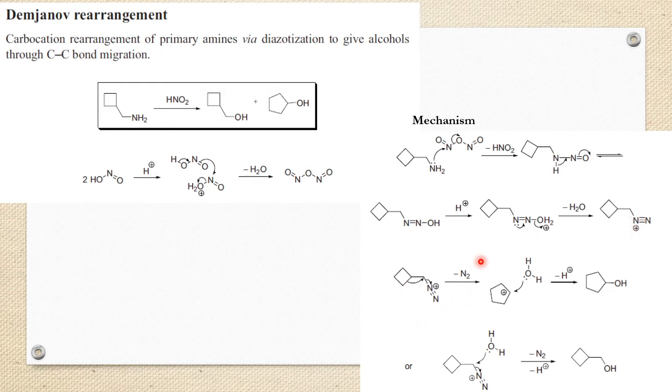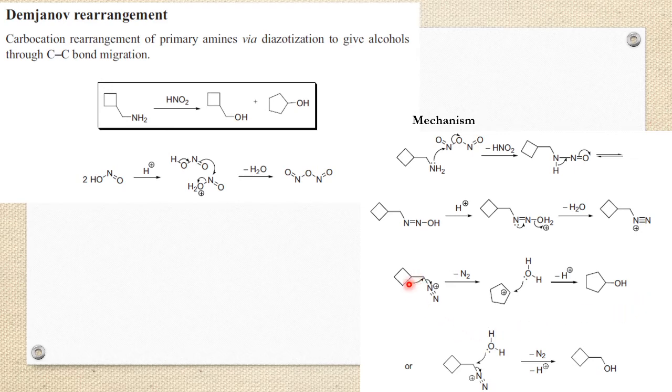This diazonium salt will eliminate a molecule of nitrogen to create a positive charge on the carbon. And herein you will find this bond being migrated to create a 5-membered ring. So the 4-membered ring has now become a 5-membered ring. This on reaction with water again as a nucleophile will create the corresponding alcohol.